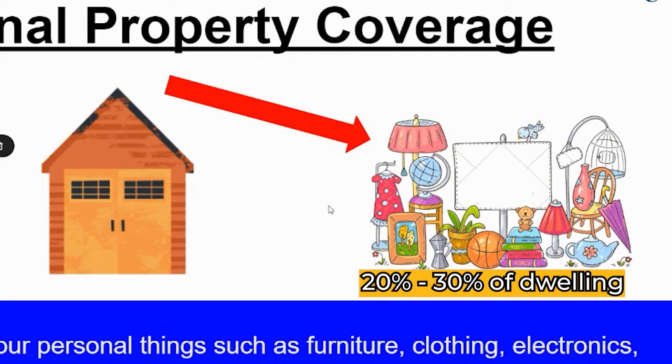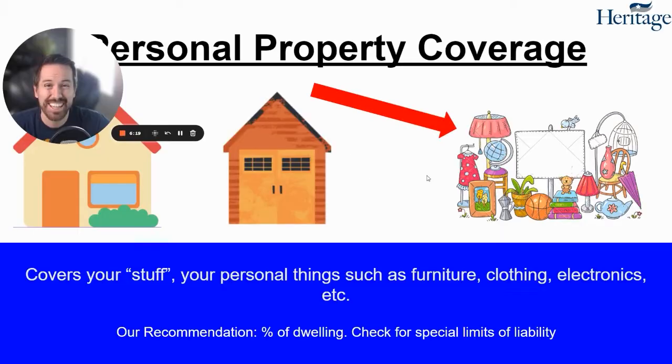However, if you have a lot of personal property, if you have expensive things, talk to your insurance broker or insurance company and let them know those things you have so that they can bump that coverage up and give you enough coverage. Now, if you see down here, I say check for special limits of liability. What does that mean?